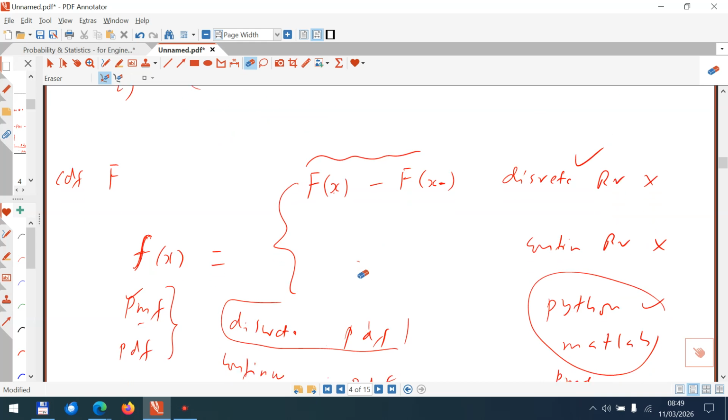And density is not this difference, but this difference divided by delta x. So that is actually the derivative. So it is now the derivative at x, right?